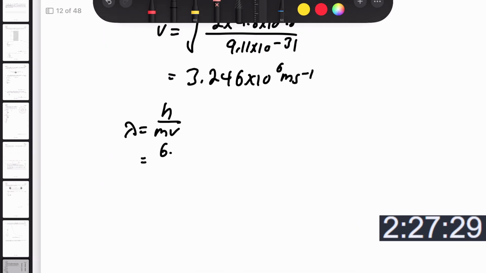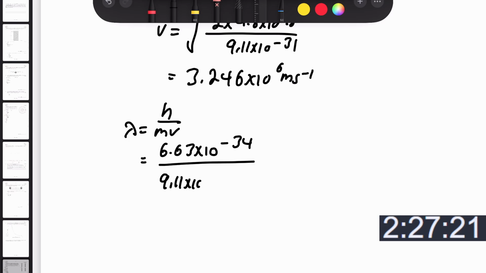So then this is going to be 6.63 times 10 to the negative 34 all over 9.11 times 10 to the negative 31 times 3.246 times 10 to the 6.